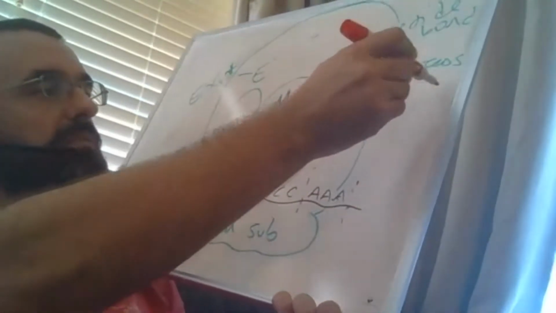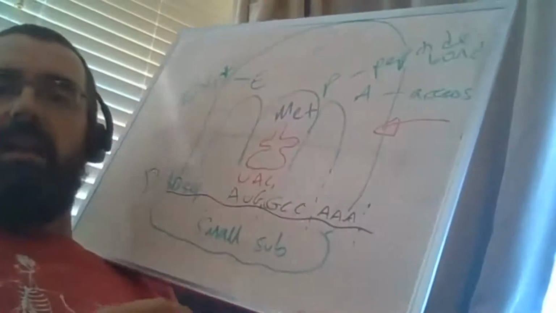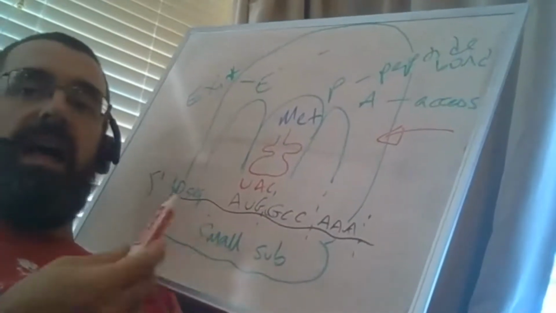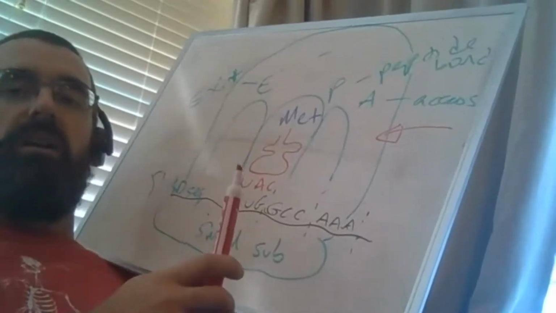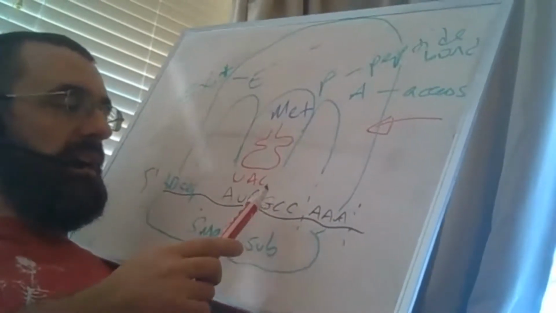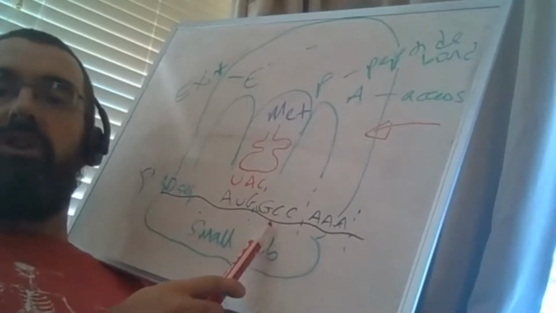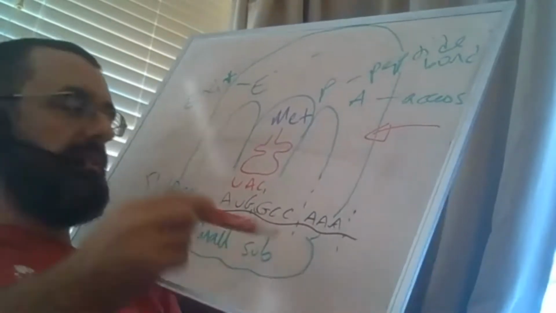So essentially, we now have another tRNA come in, and that tRNA is going to have the same principle: its anticodon must match directly the codon that it's going to be binding to.